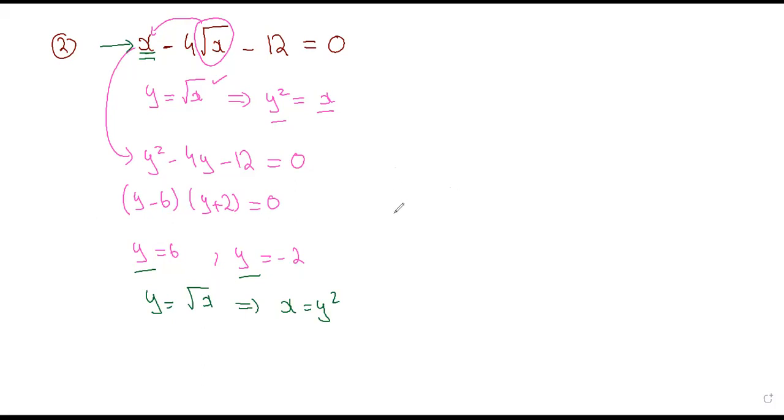This is what we had. So this would give me x equals, I am going to square this number right here. It would be 6 squared, and we are going to have 36 here. This is going to be the answer.